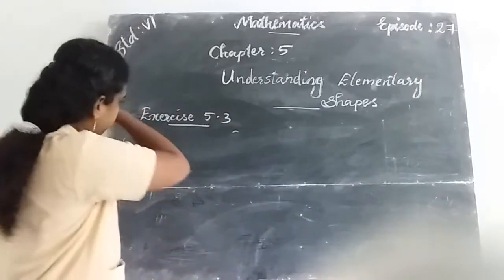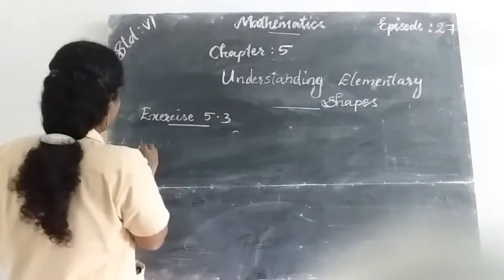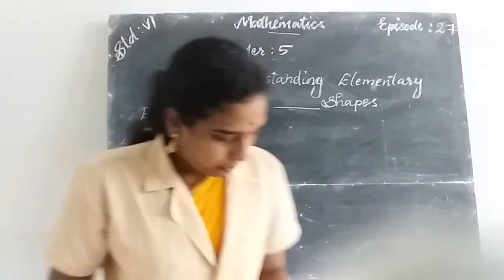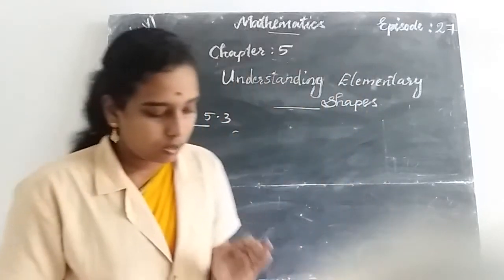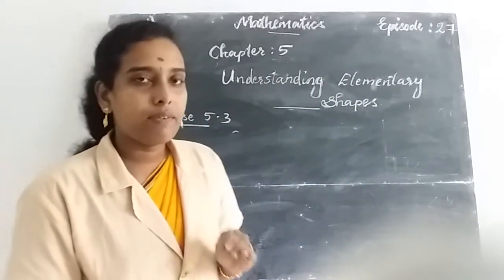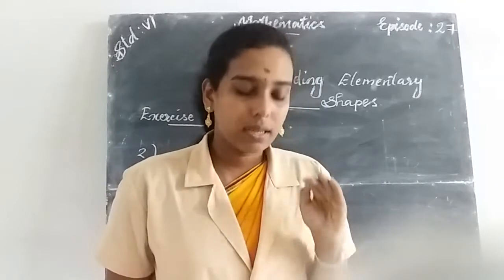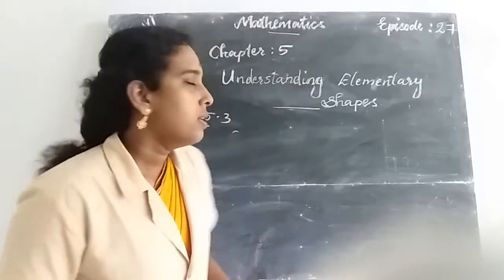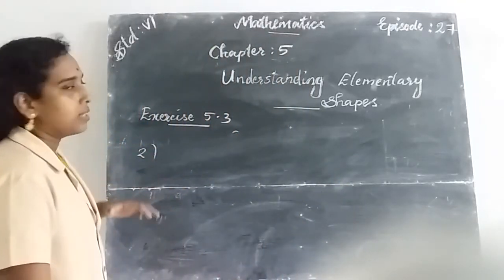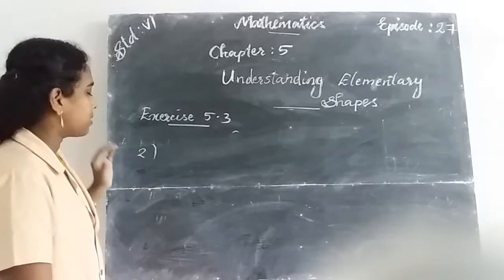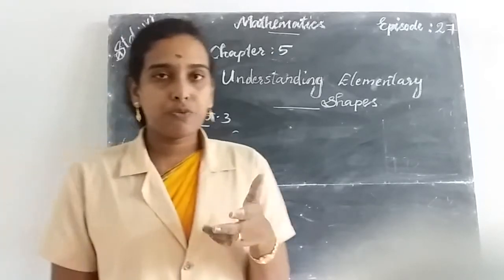Then here, the first angle. By using your protractor you also measure the given angles. That we will discuss in our next class, and then based on that I will send videos to your WhatsApp.